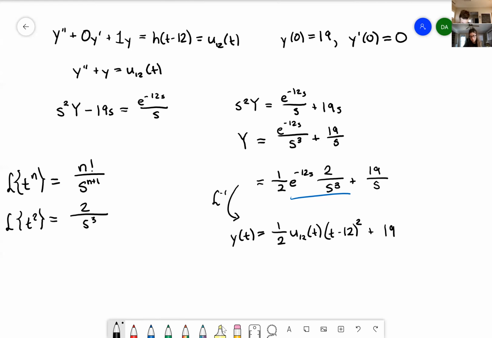Now I'm looking at this and I'm thinking, this doesn't seem quite right to me. It starts off at position 19, and then for 12 units of time, it just stays there. And then at 12, we get this impulse. Well, it's a continuous force of 1 unit.